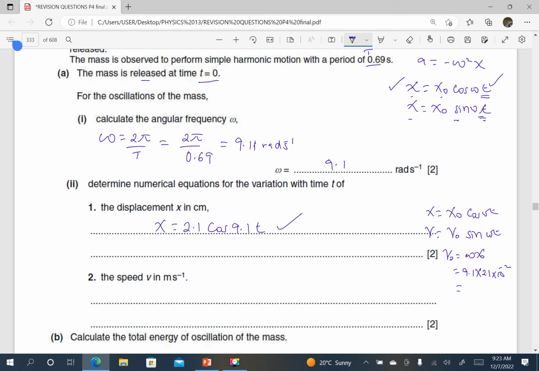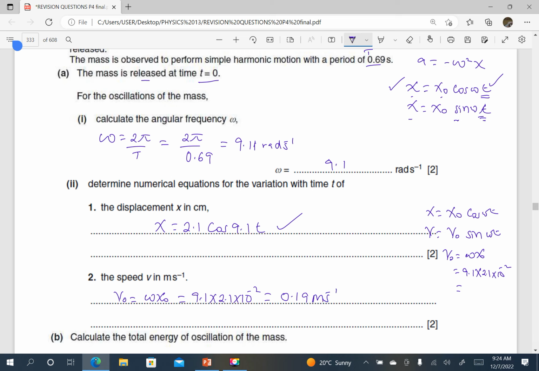So I'm finding v naught. V naught is going to be omega times x naught, which is equal to 9.1 times 2.1 times 10 power negative 2, and this is 0.19 meters per second. That is v naught.